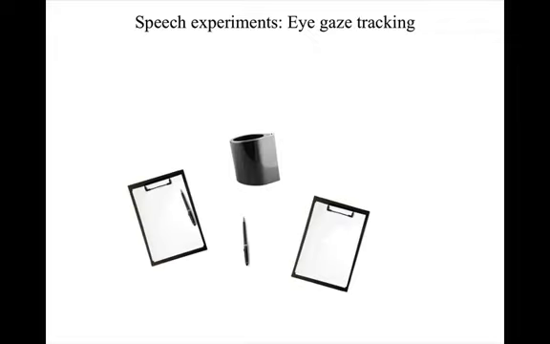Another way to investigate speech is to track what we're looking at while we're hearing speech. For example, suppose a subject is looking at this scene and hears the words, "Put the pen on the pad in the pen holder." The instruction is to move the left pen into the holder.